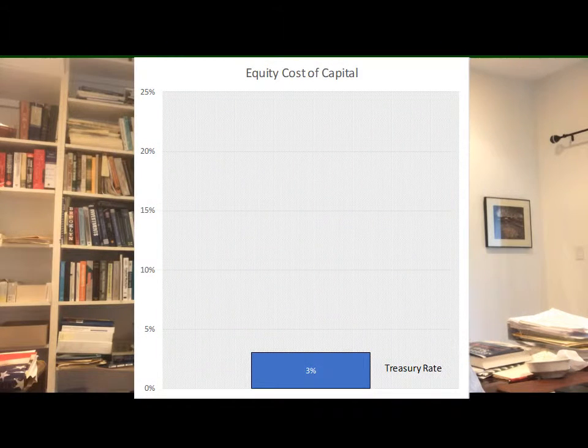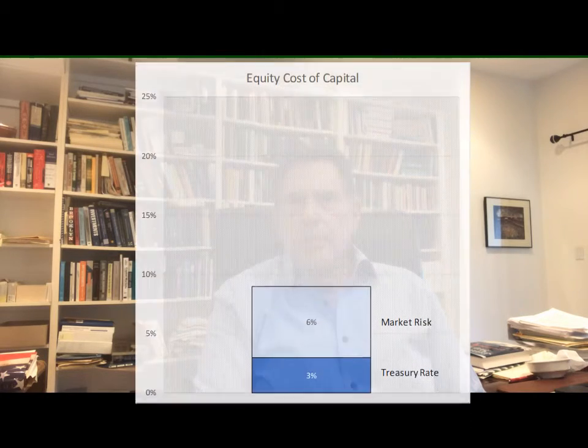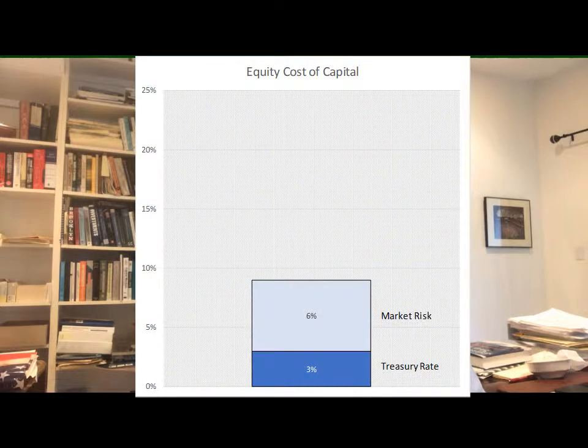Well, let's now put the components of the equity cost of capital together and calculate what the cost of capital would be if I were calculating it today. So the Treasury rate now is 3%. The market risk premium is 6, so that's 9.